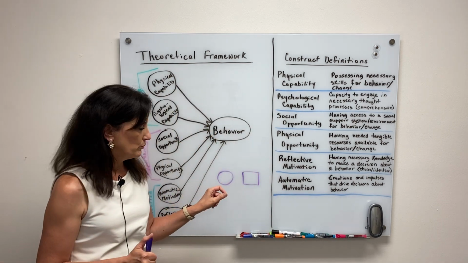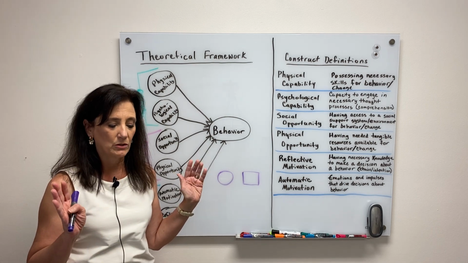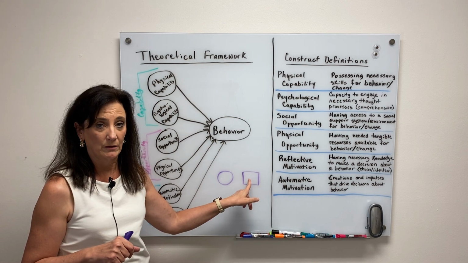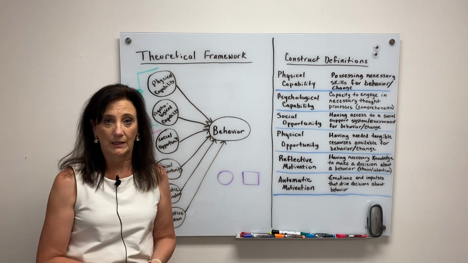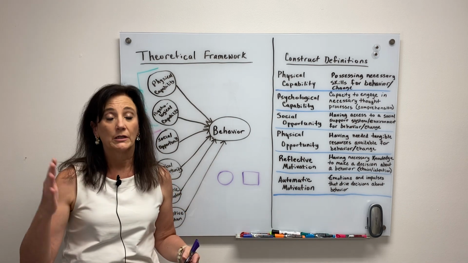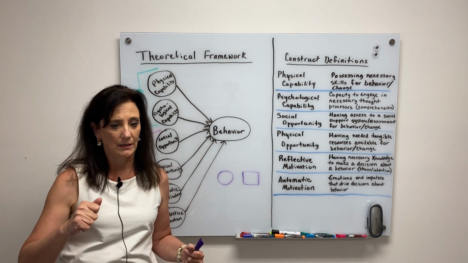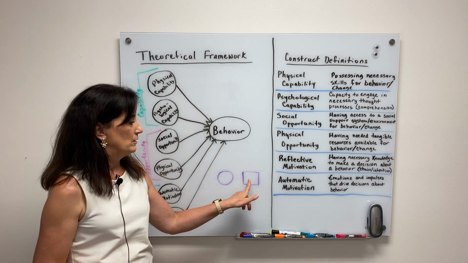So an example would be, let's say you wanted to observe, do people eat vegetables at lunch? Yes or no? And you were going to sit in a cafeteria and you were going to look at each person eating, and you were going to place a check mark on there that said, yes, that person ate their vegetables, or no, they didn't.